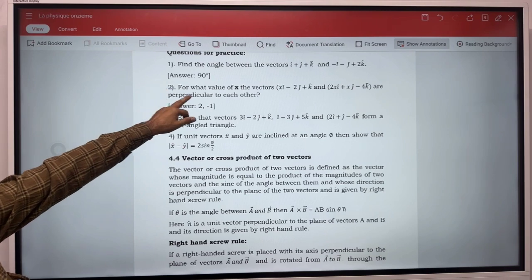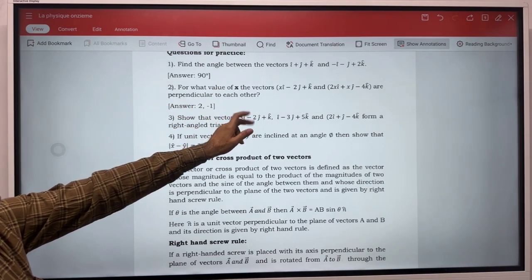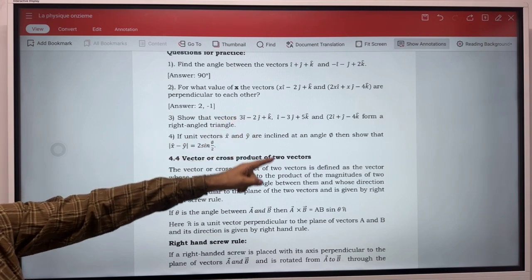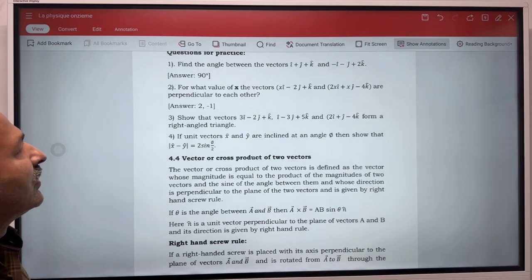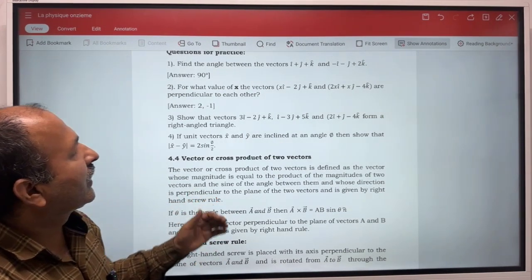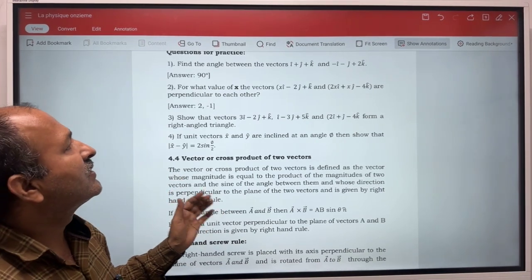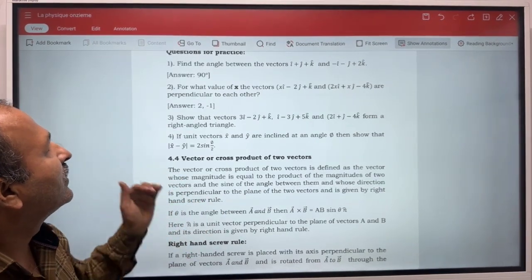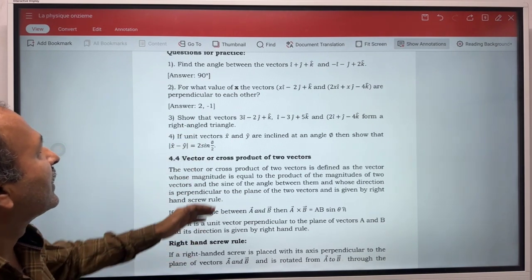Next question is, for what value of x are the vectors xi minus 2j plus k and 2xi plus xj minus 4k perpendicular to each other? What is the condition for perpendicularity? I have told you that if there are two vectors and their dot product vanishes, means their dot product becomes 0, in that case you can say that the vectors are mutually perpendicular.